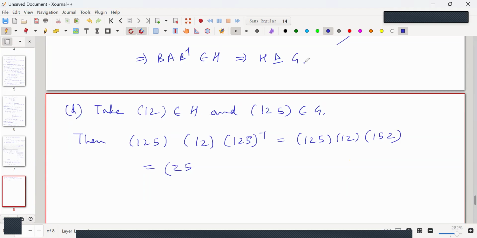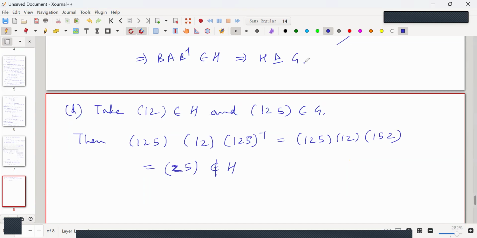So 5 will go to 2. So this will stop here. And other elements are not there, so they will be fixed. 3 and 4 are fixed. So this will not be inside H because it is not fixing 5. It is mapping 5 to 2.